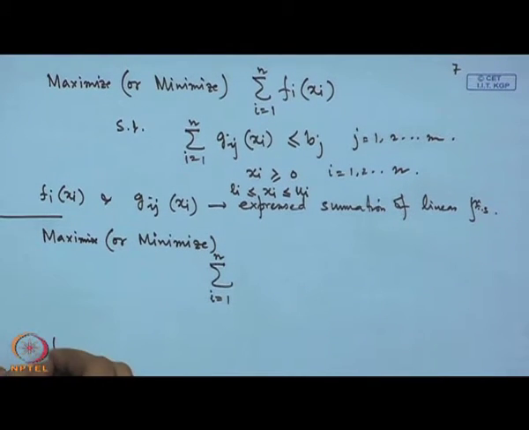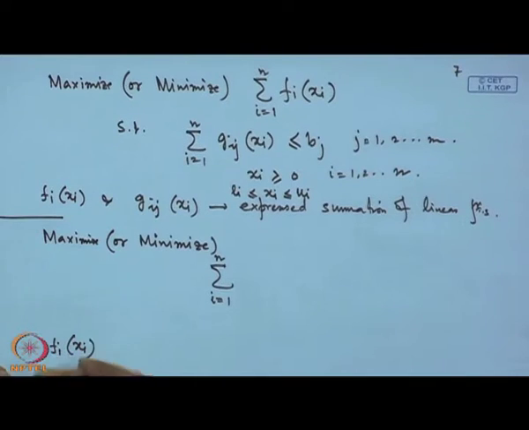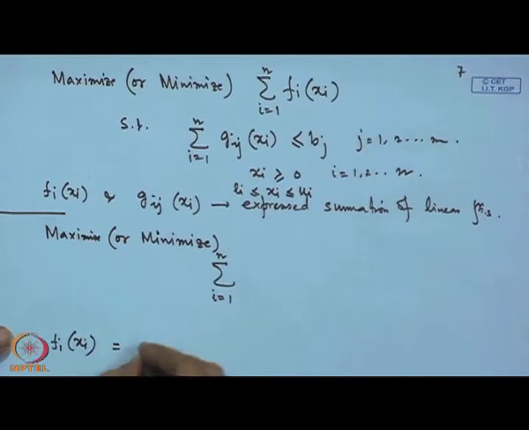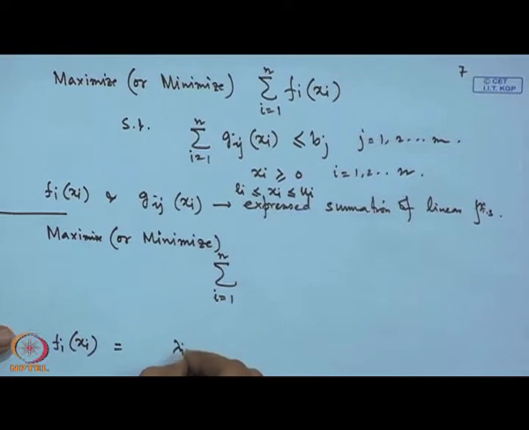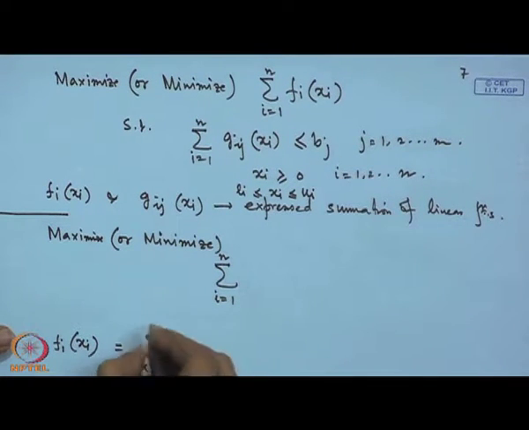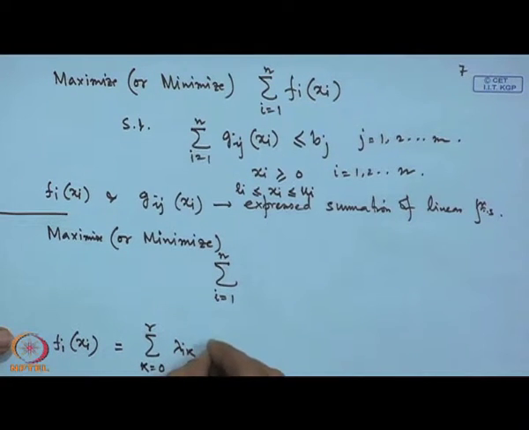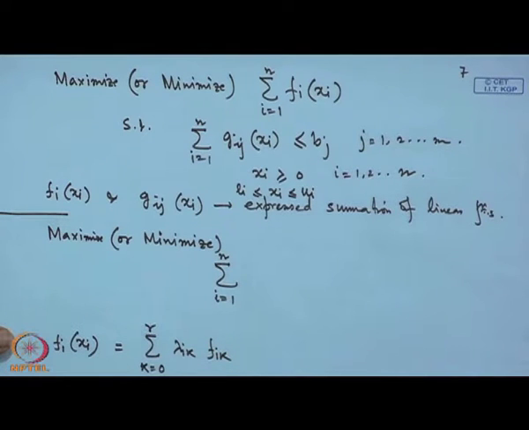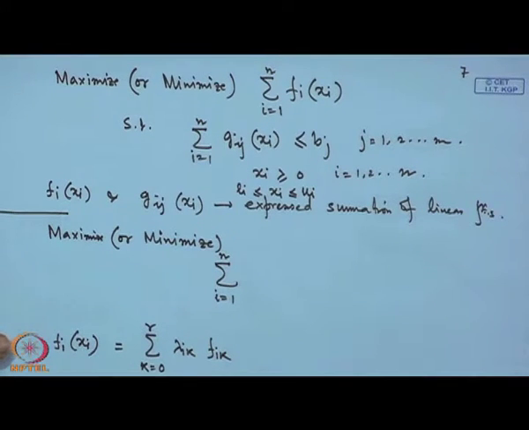Just see how I will write f_i(x_i). f_i(x_i) can be written as, I am introducing another index k here. There are r plus 1 number of grid points, that is why f_i(x_i) can be written as lambda_ik f_ik. Clear?